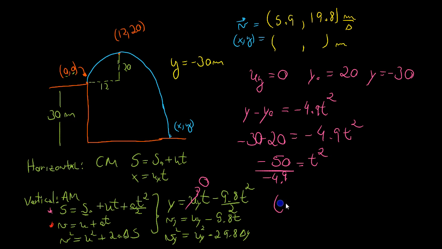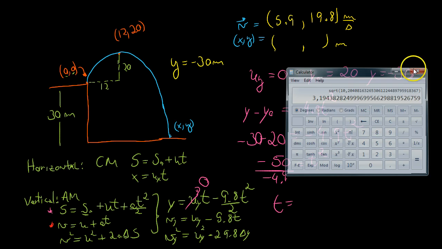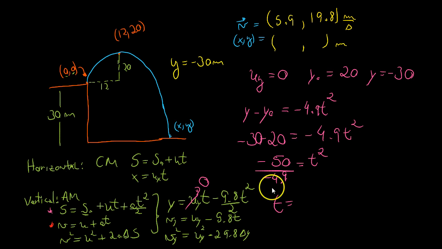Okay, therefore time is going to be, calculator, 50 divided by 4.9, and now take the square root of that, so 3.19. Let's round it to 3.2. Okay, so 3.2 seconds. Right, that's how long it takes for the rock to fall from the highest point to the bottom. Right, 3.2 seconds.